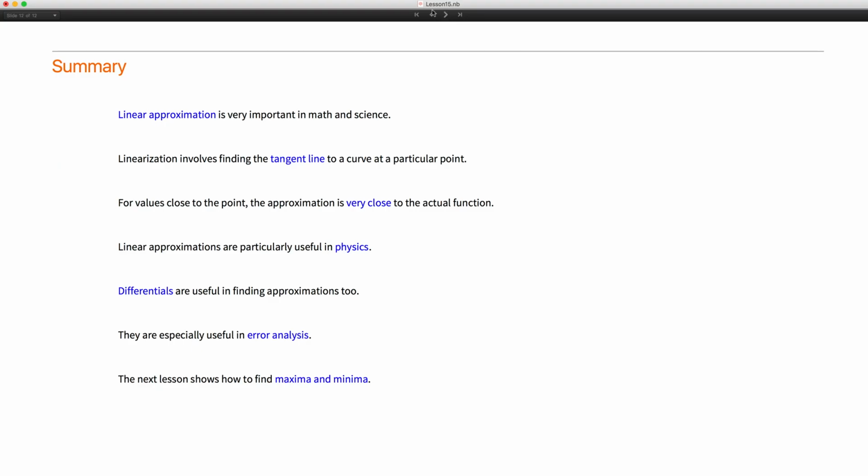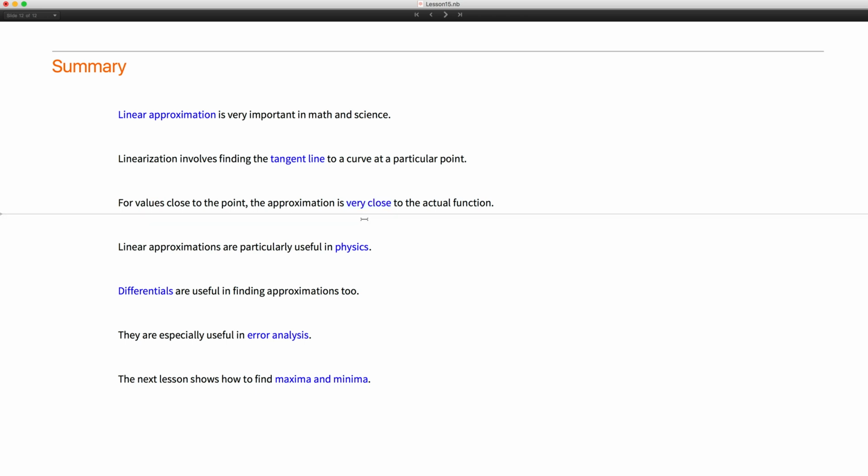Okay, so that brings us to the end of this lesson, and the main point is that linear approximations are very important in mathematics and science, and all that you do in such a case is to replace a function by its tangent line. And as long as you stay close to the point, the approximation is very close to the actual function.